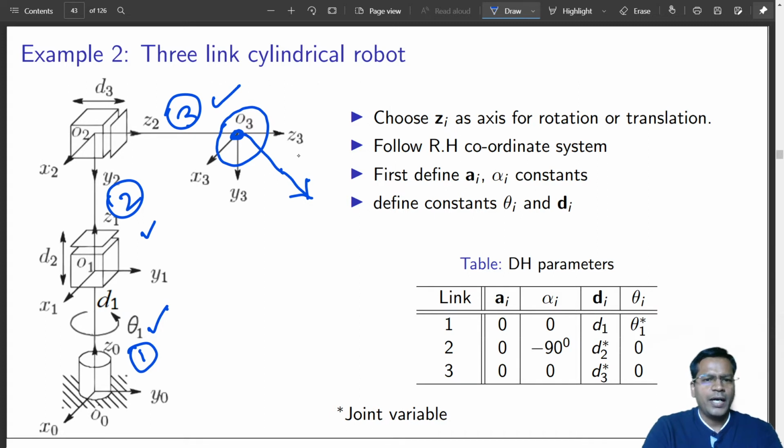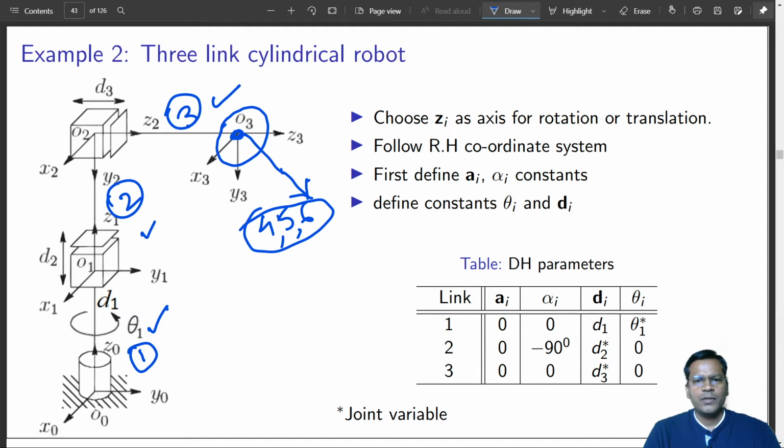So you need additional 3, that is 4, 5 and 6 axes. So 3 were sufficient to position it, another 3 were required to orient this in space.